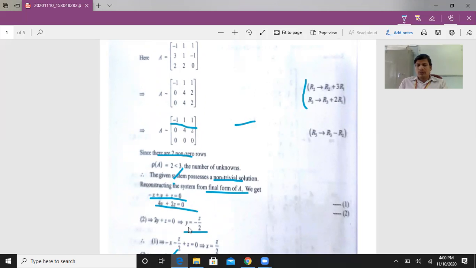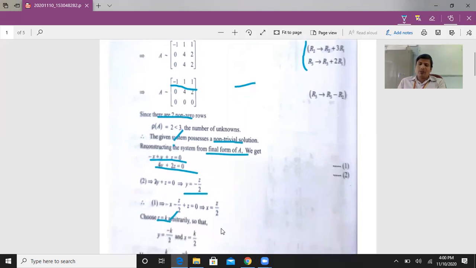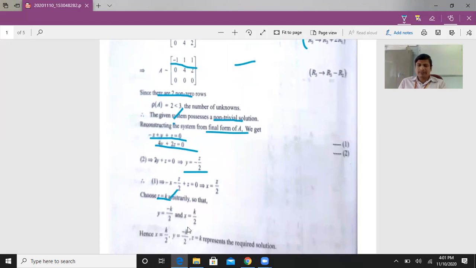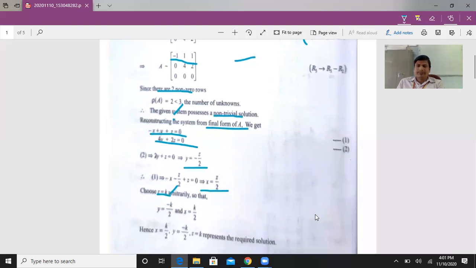After that, y is equal to minus z by 2. That is the y value. The y value is substituted in the first equation, then x equal to z by 2. After that, we choose z equal to k, an arbitrary constant. After that, y is equal to minus k by 2 and x equal to k by 2 and z equal to k. Okay, finally you write this.